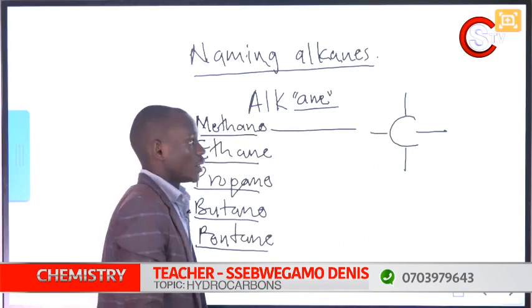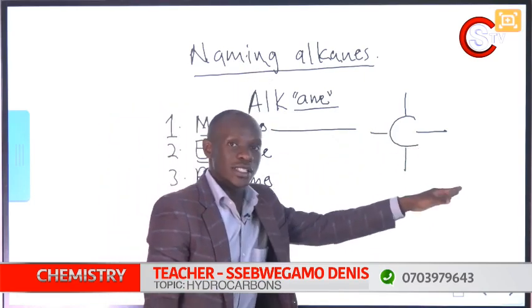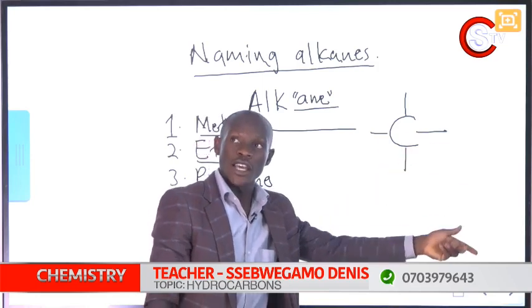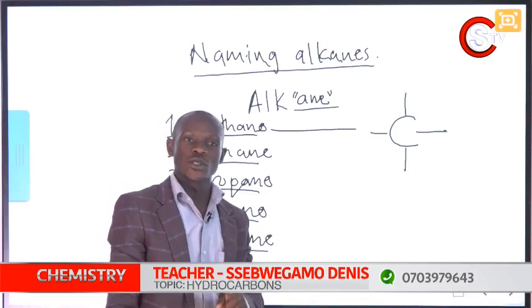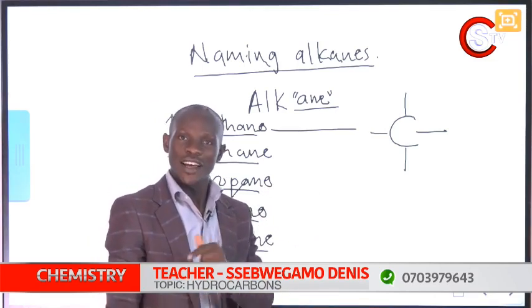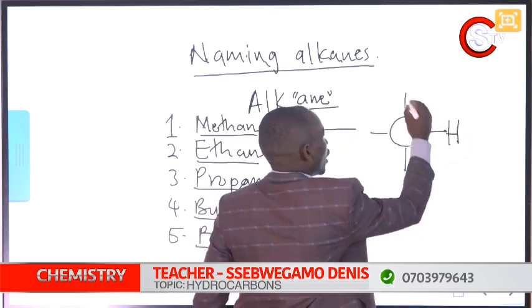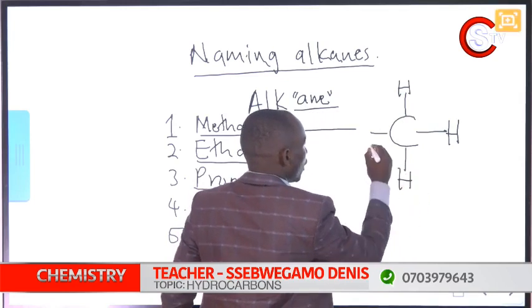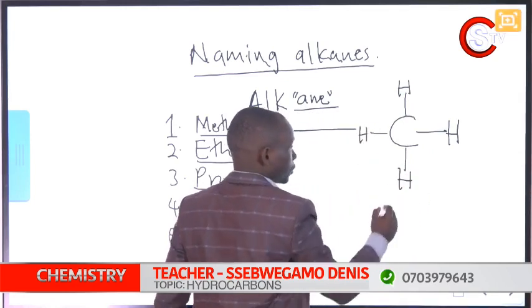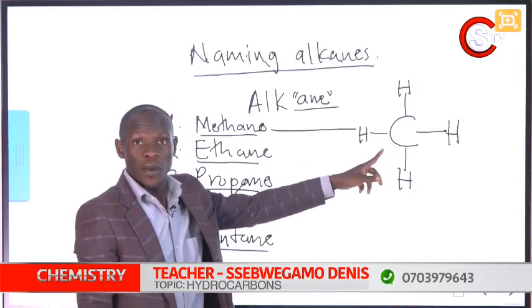And these 4 bonds, because we are talking about hydrocarbons, they are attached to hydrogen. Because we said hydrocarbons are organic compounds that consist of carbon and hydrogen. So I'll put here my carbon atom, hydrogen, and hydrogen. So this is the structure of methane.